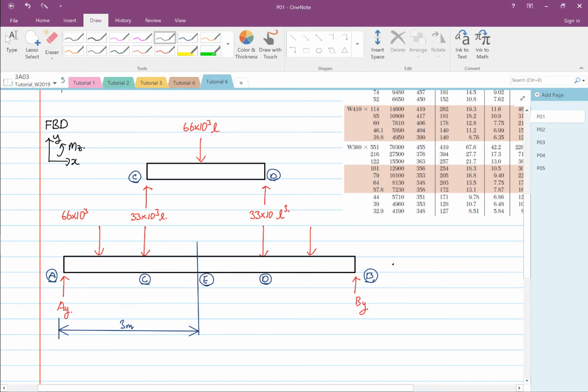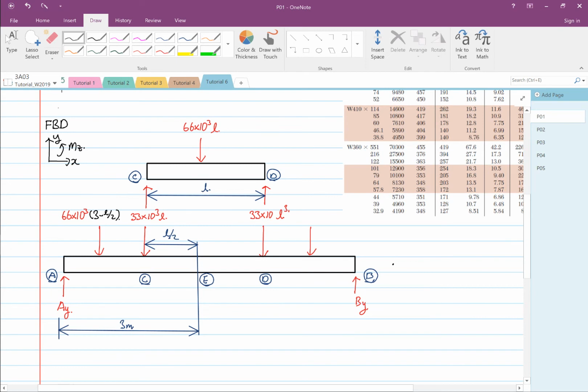The distance from here to here is equal to small l over 2. Why is that the case? Because for the top beam, this is L, so the 66 times 10 to the power 3 is over a length of 3 meters minus L over 2.